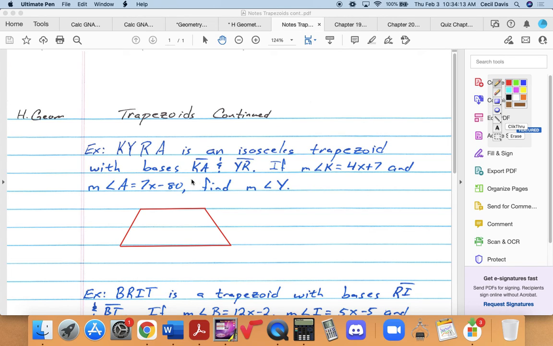Now, it tells us the name and it tells me the bases. Both of those are important pieces of information. If all you knew was that the bases were KA and YR, don't write anything down for a moment, please. You might do this.